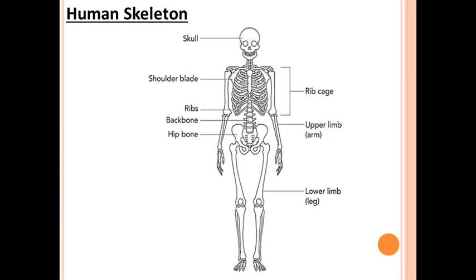See here, first is this part, the skull. Then your backbone, this part. Then ribs, your chest part, and your limbs, your arms and your legs, the upper limb and lower limb. So in 4 parts we are going to learn in detail.